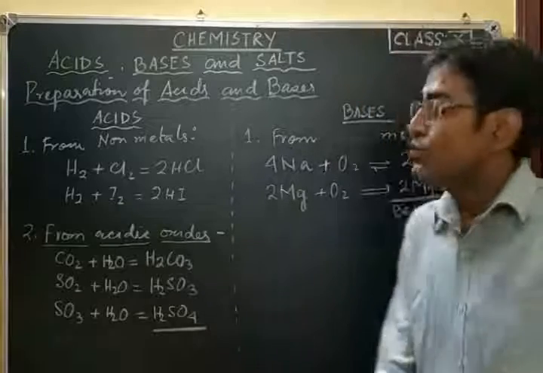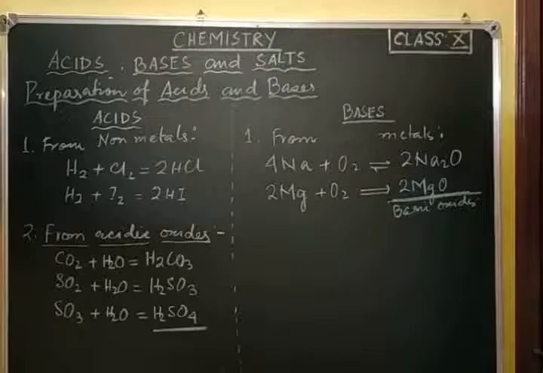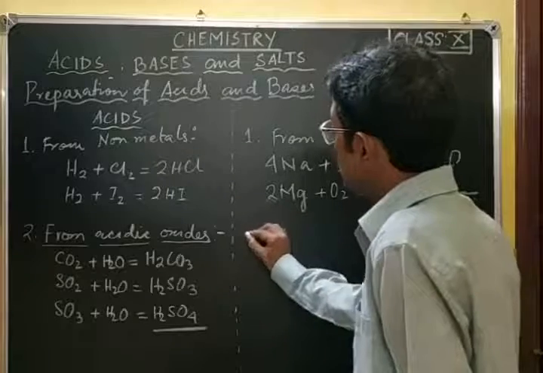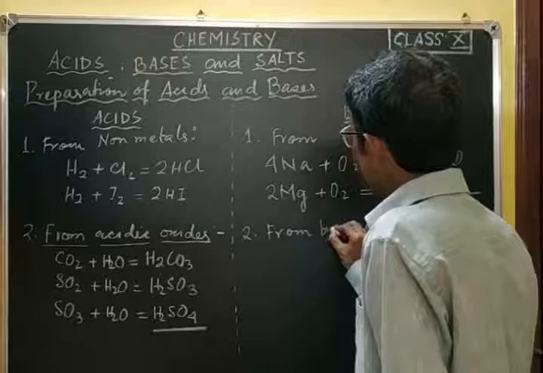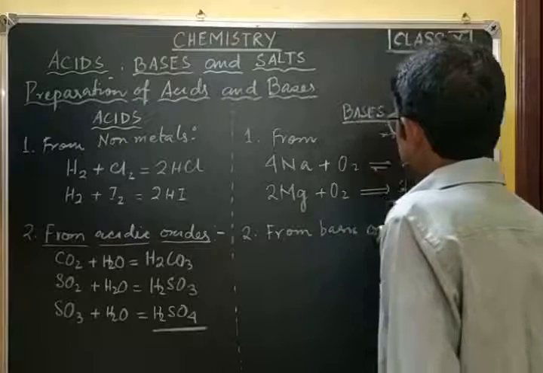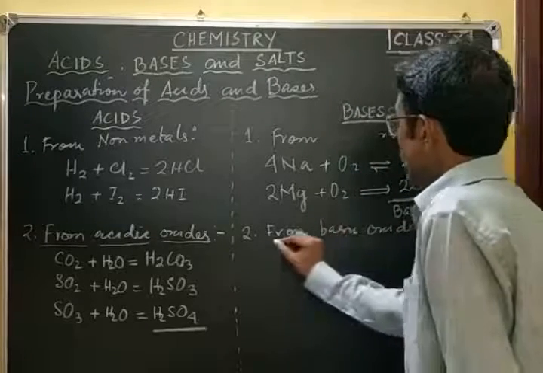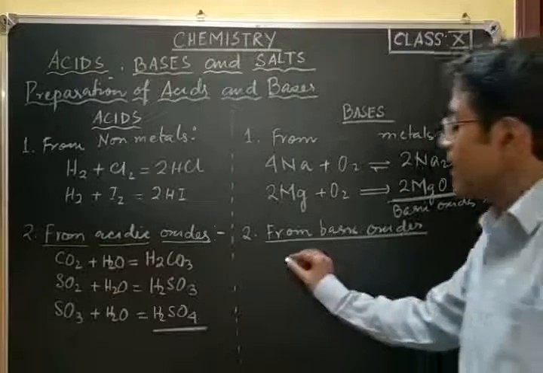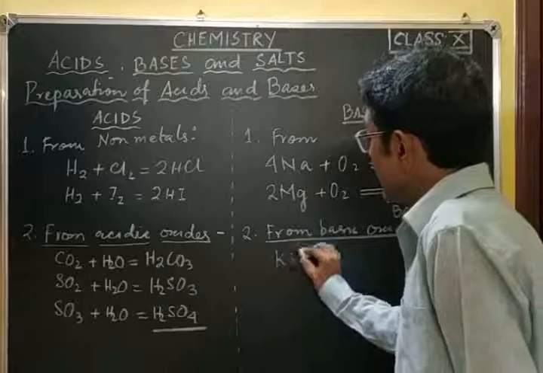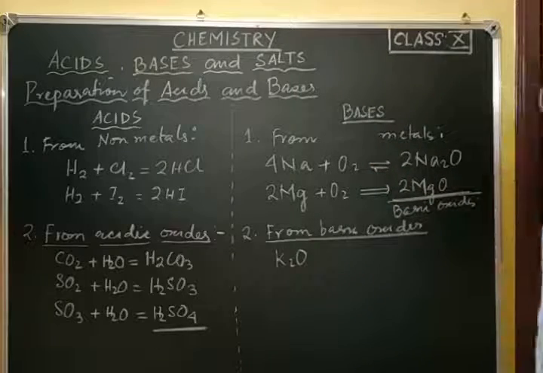Now, for base, same type of thing. Base we can obtain from basic oxides. So number 2 is from basic oxides. What are those? Remember, metallic oxides are basic oxides. So I am taking the example of K2O, that is potassium oxide.